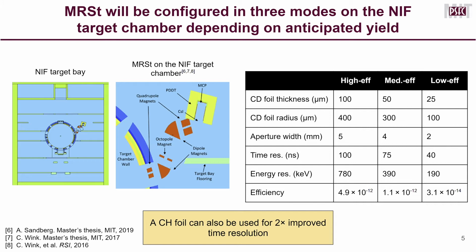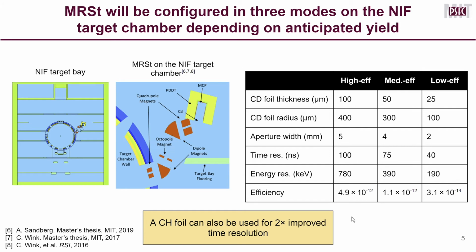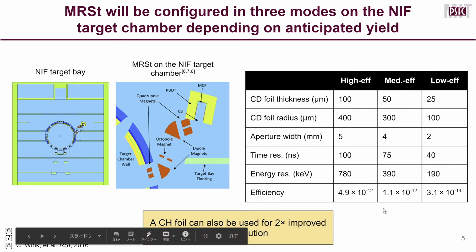There's a high efficiency configuration, which has a thicker foil, a larger foil, and also a wider aperture to obtain higher efficiency but worse resolution. A medium efficiency mode, which is a smaller foil and a smaller aperture, and then a low efficiency mode, which is the smallest aperture and foil, and which achieves the best resolution.